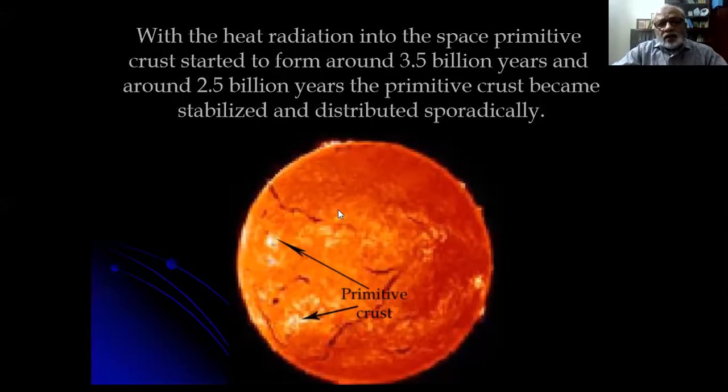Then this process continued for about 1 billion years, and around 2.5 billion years the Earth could have a solid surface part, which started to get stabilized. That means the hard part of the Earth surface could emerge and get stabilized around 2.5 billion years.